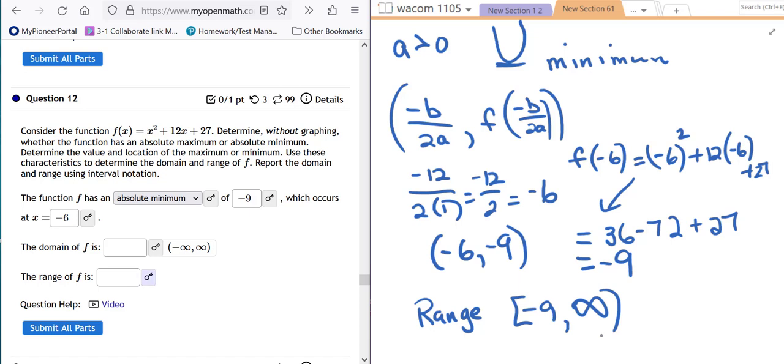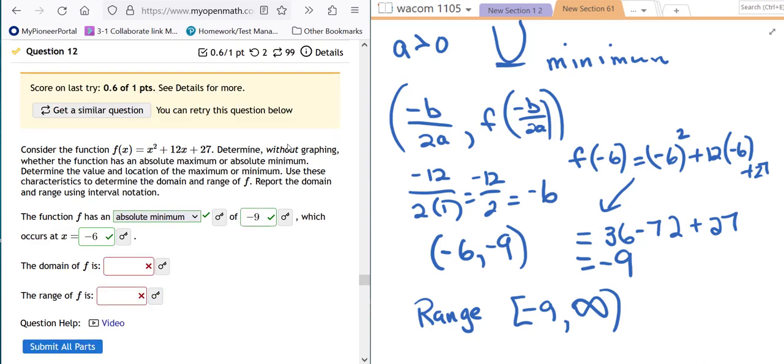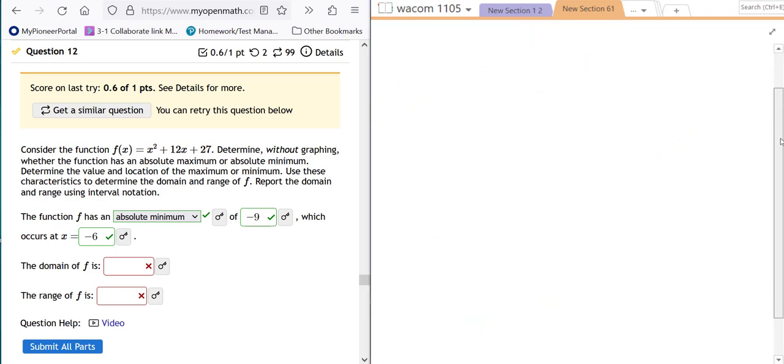So you don't really have to have the picture. You have to have the vertex. All right, so we got the ones right that I answered. That's a good thing. Okay. From here, I went to 15.